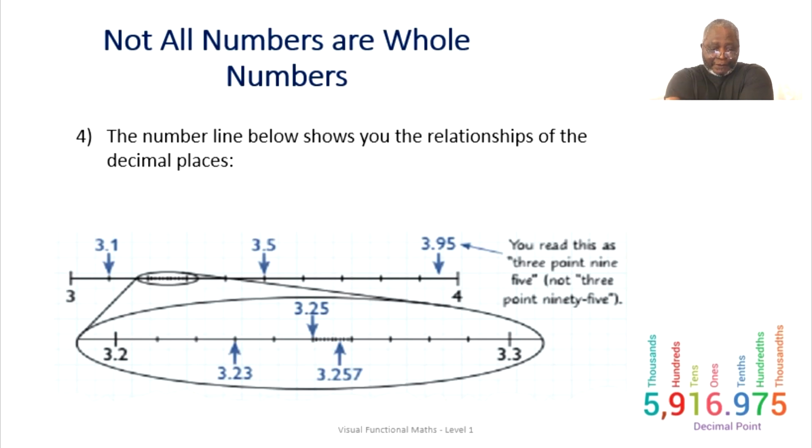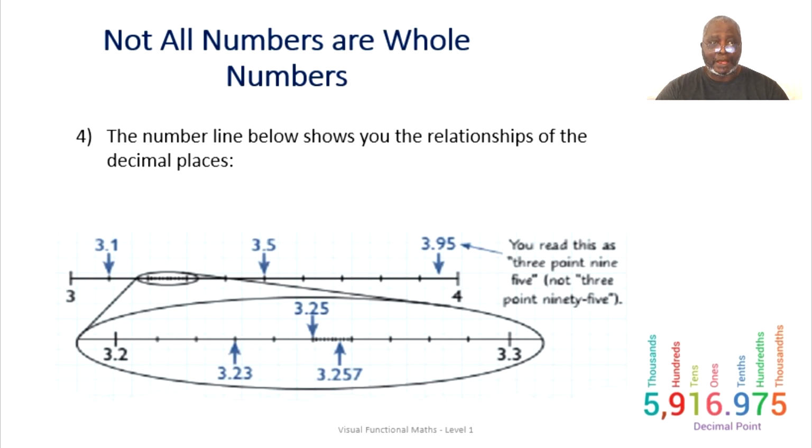We go a bit further to look at 3 decimal places. If you look at the number line at the bottom, between 3.2 and 3.3, you will see 3.21, 3.22, and then the arrow pointing at 3.23, 3.24, and then another arrow pointing at 3.25. And then between 3.25 and 3.26, at the bottom you see an arrow pointing at 3.257.